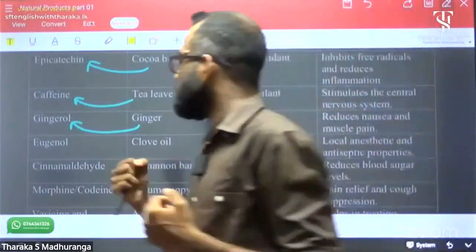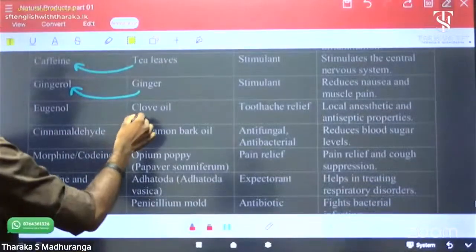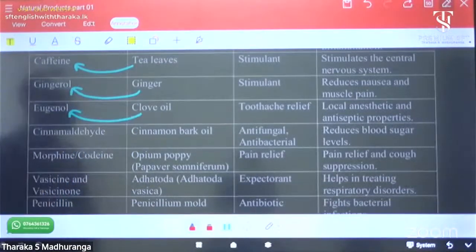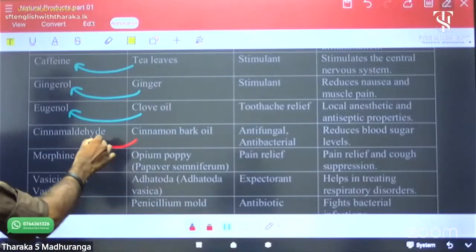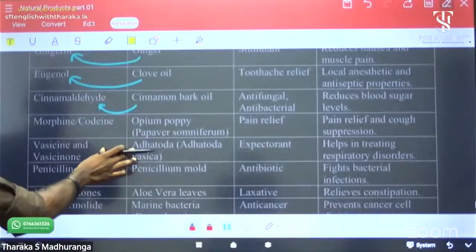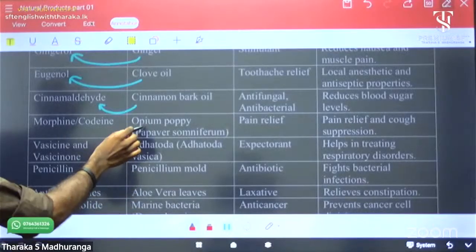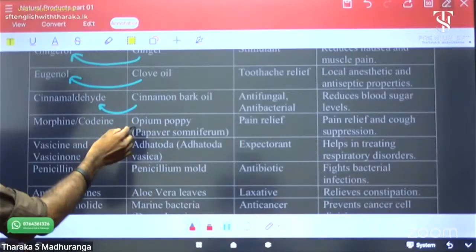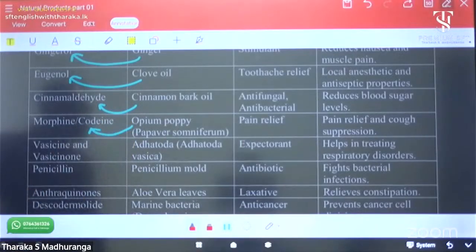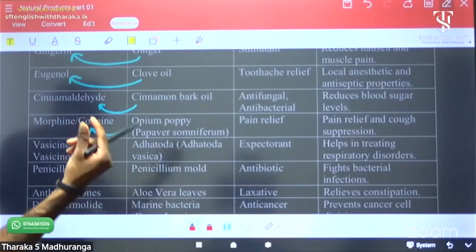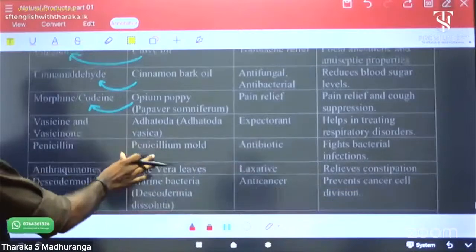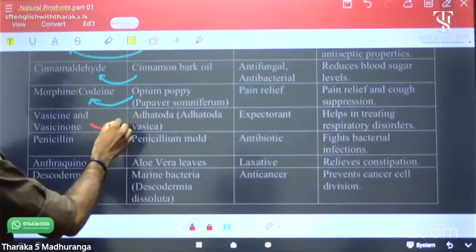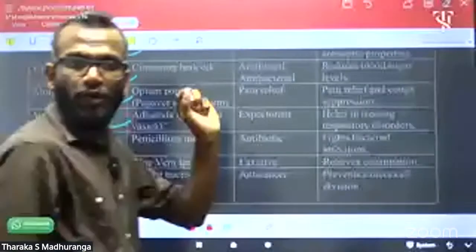Essential oils: clove oil contains eugenol, cinnamon contains cinnamaldehyde. Poppy flower contains morphine, especially, make a hard exam. Do you know adathoda?